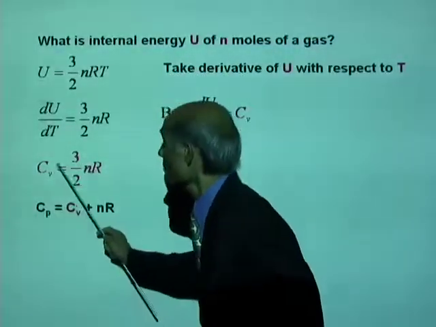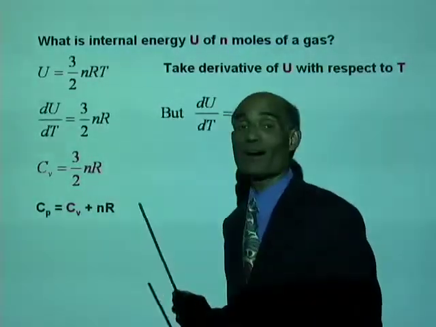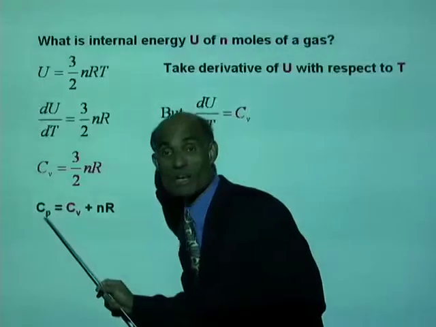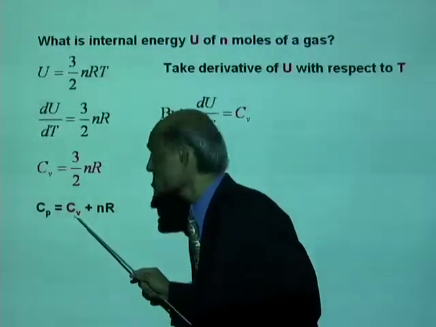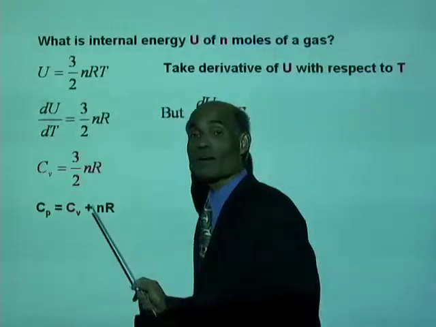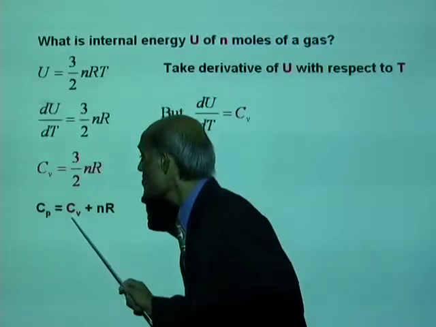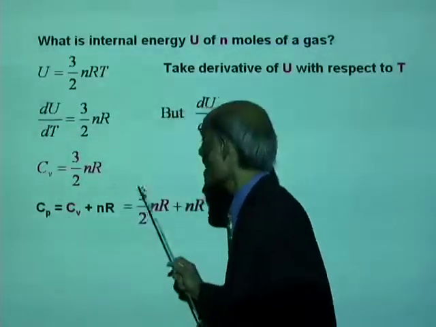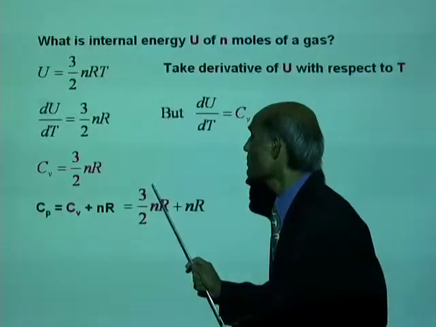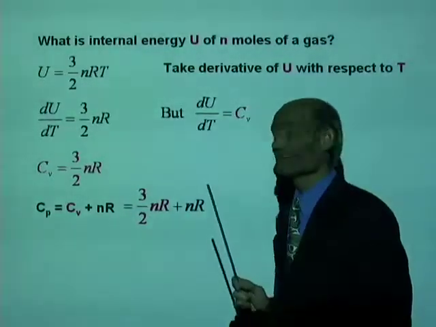So, we got Cv equals 3/2 nR, and you remember in the last slide we had the relation Cp equals Cv plus nR. If I now replace Cv by 3/2 nR, I get Cp equals 3/2 nR plus nR. And what does that equal?